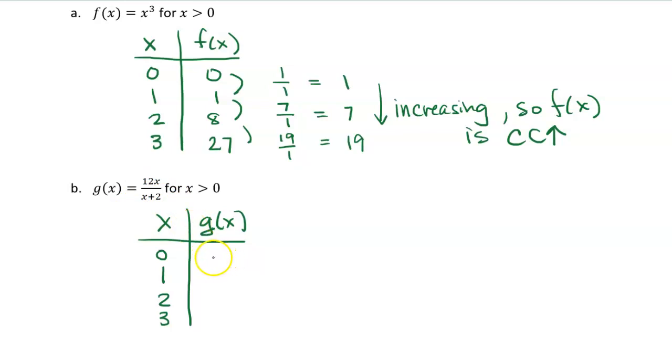So 0 over 2 is 0. Plug in 1, we get 12 over 1 plus 2, which is 3. So 12 over 3 is 4. If I plug in 2, I get 24 divided by 4, which is 6. I plug in 3, I get 3 times 12 is 36 over 5.